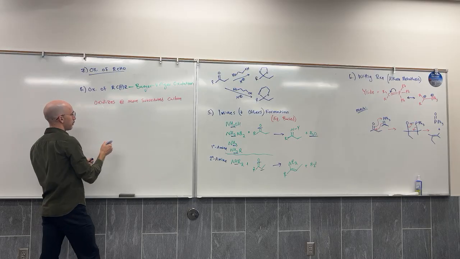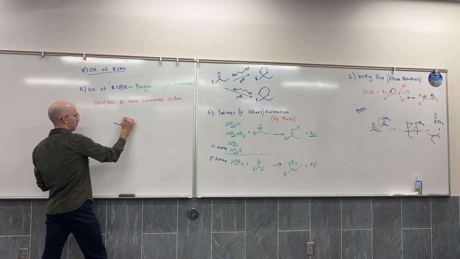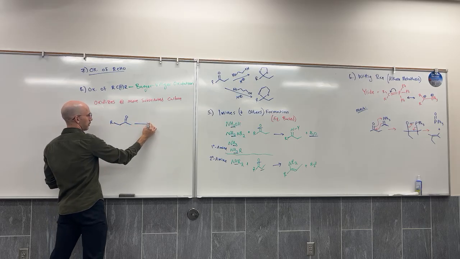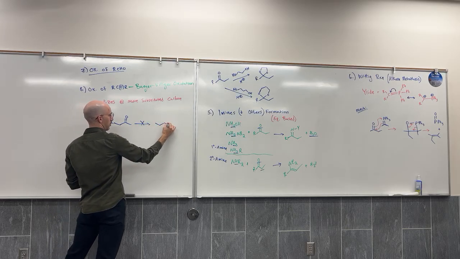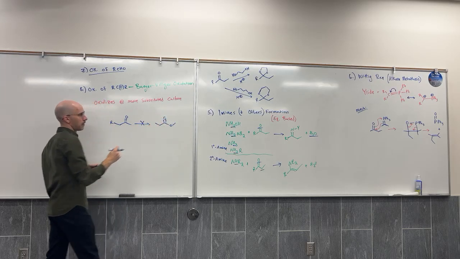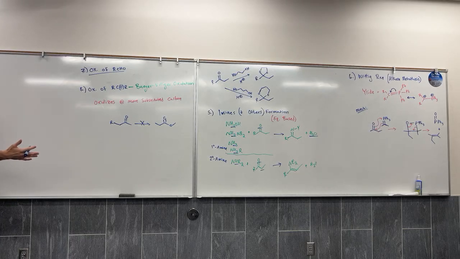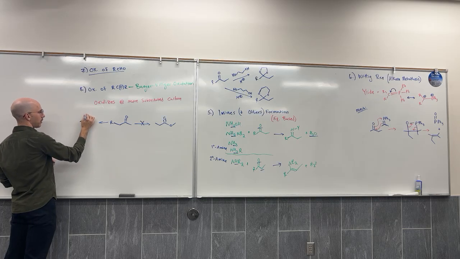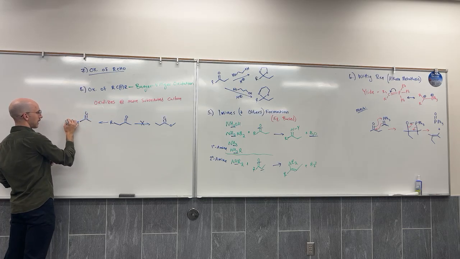That's why in the example that you see, which I believe has this R group, we don't oxidize the carbon on the right, which is a primary carbon. Instead, we see oxidation of the carbon on the left, which is a secondary carbon.